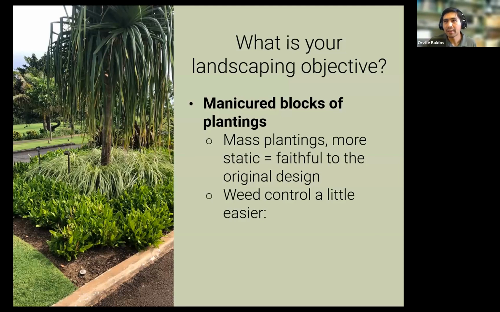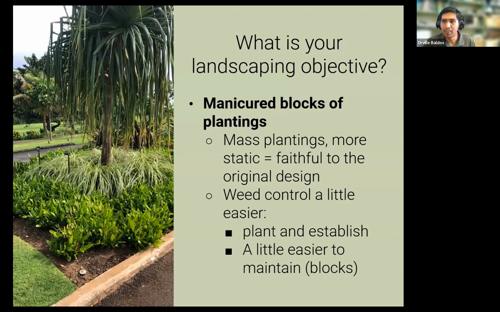Weed control is a little bit easier because you're dealing with monocultures in a particular area. They're easy to plant and establish because it's the same plant in a chunk. And a little bit easier to maintain because they're in blocks.